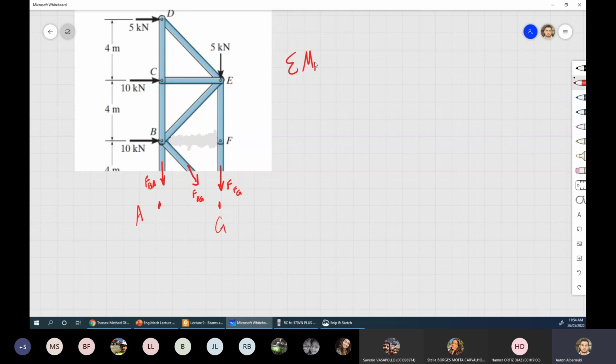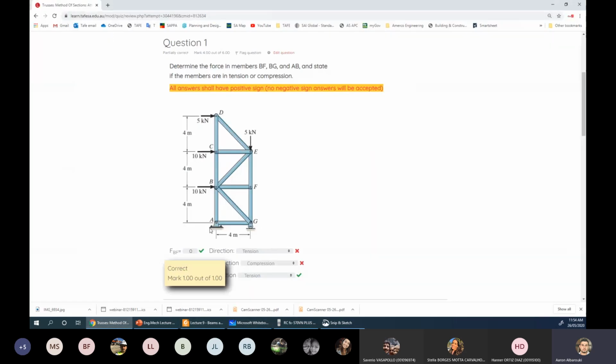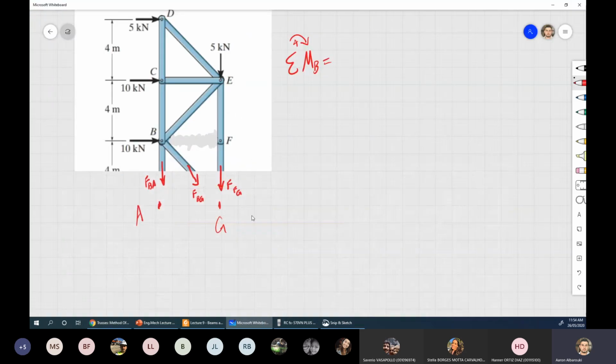Sigma MB equals 0, assuming this is the positive direction, rotational MB. So these two will go to 0, and I've got the only unknown is FFG. FFG is rotating at a distance of, what was the width? 4 meters, okay? So this is at 4 meters here, this distance from here, 4 meters.